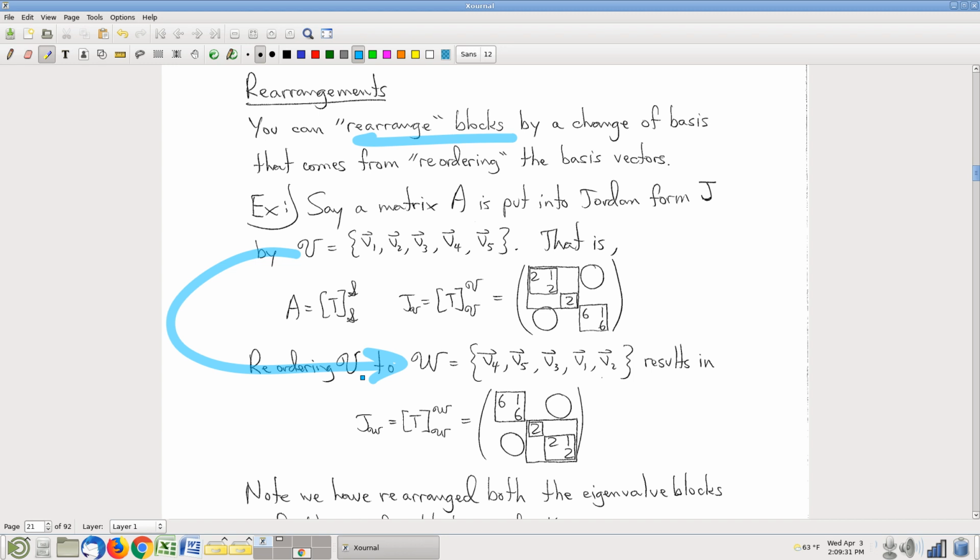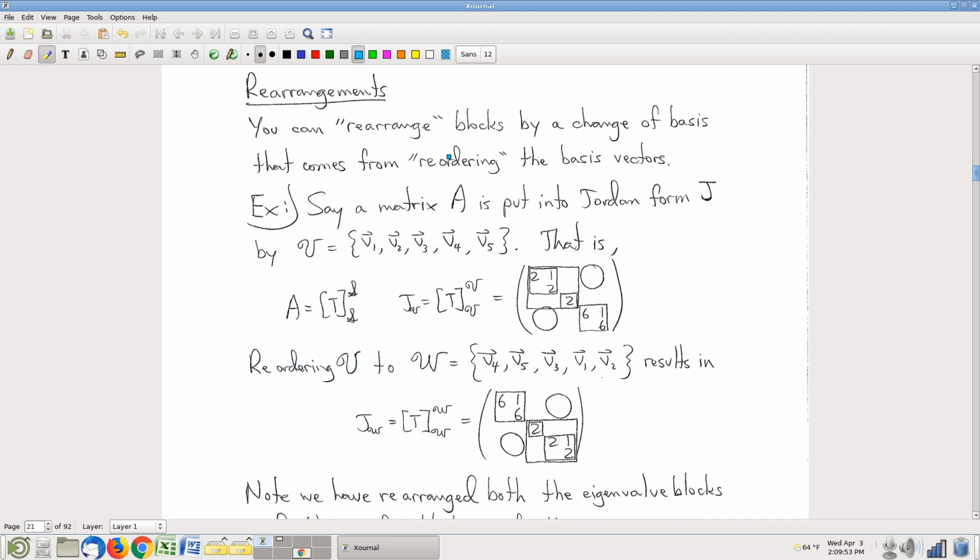Right? But it is a change of basis. Let me say that a little bit differently. When you rearrange blocks, like we see here, because you're just doing a change of basis, that means that rearranging the blocks results in matrices that are similar. They are literally similar. I don't mean that in the casual sense, right? They are conjugates of each other.